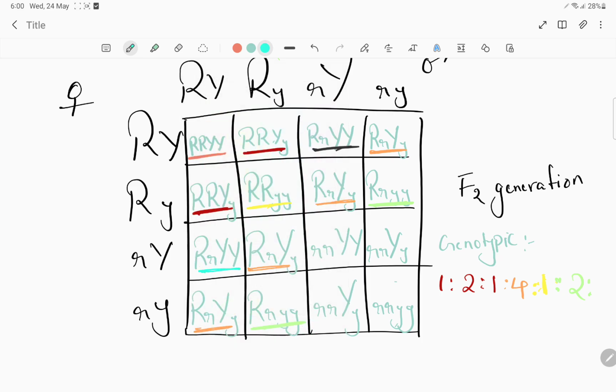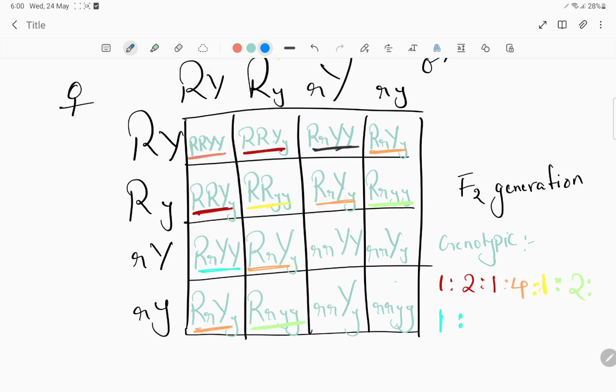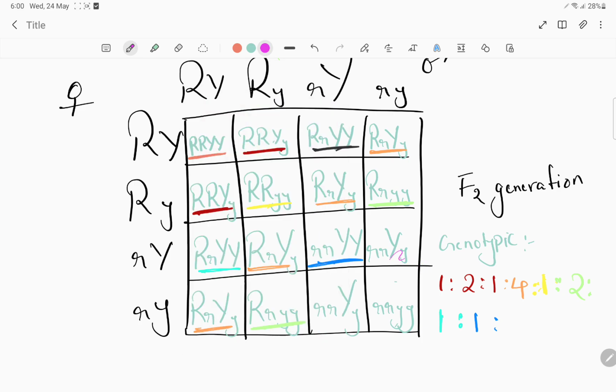Now this one, 1, and again this one, 1. And this one, 2.